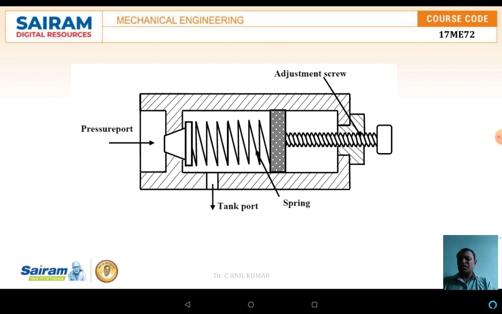Once the pressure drops, the poppet closes because of the spring pressure, and the tank port is in the closed position, and the fluid flow from the pressure port to the tank port is stopped.